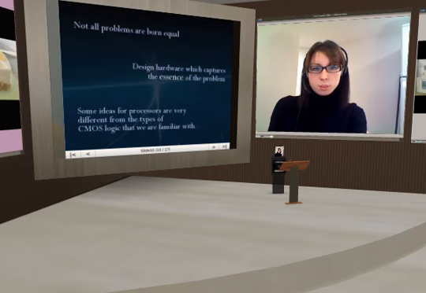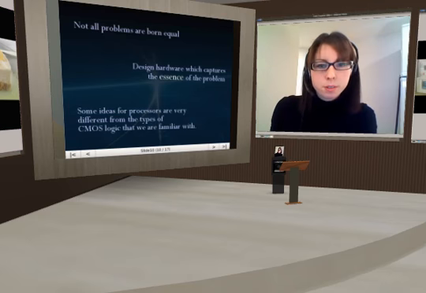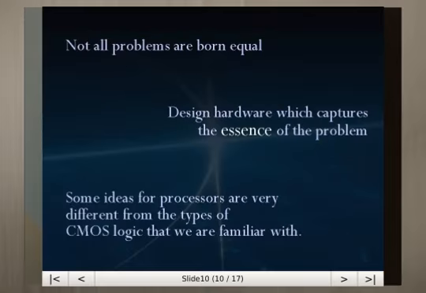Okay, so to summarize so far, not all problems are born equal. What we need to do is design hardware which actually captures the essence of the problem we're trying to solve, rather than just throwing general purpose computing power at things and hoping that the problems will scale, because it's not clear that these problems do scale in a way that's kind to us.